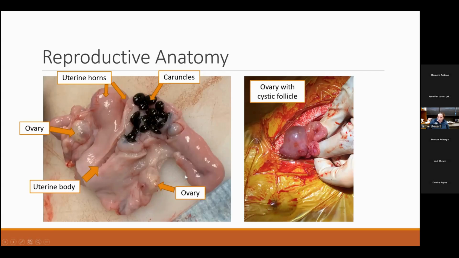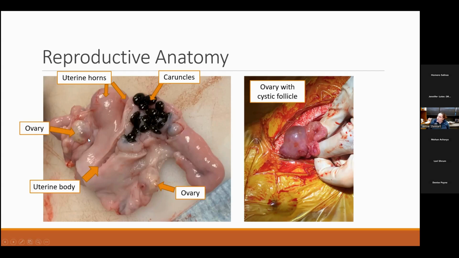And between the uterine horns and the ovary, I think it got dissected here, but you can see a little bit right here what we would think of in humans as the fallopian tube. We tend to call it the uterine tube in our small ruminant species, but it's the same structure where basically the oocytes will travel, and usually where fertilization will occur before it enters the uterus.